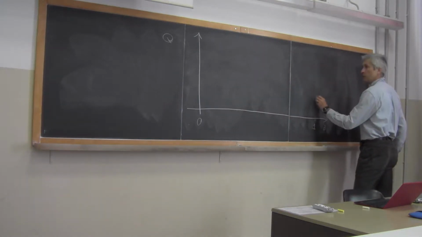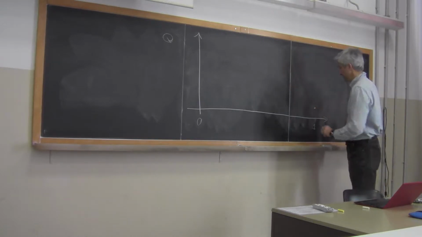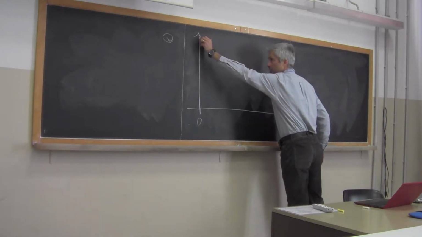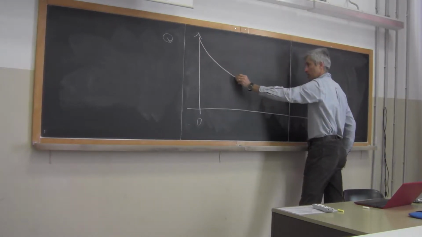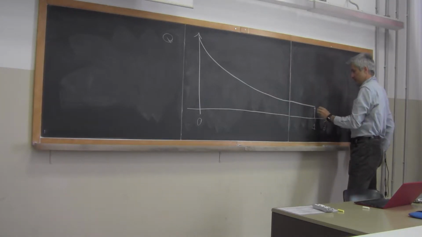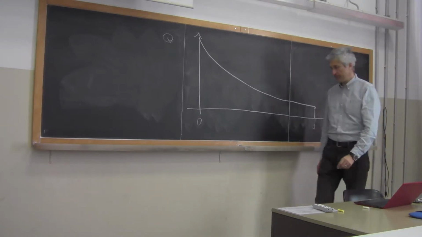And let's suppose that we have a curve that is like this, from here to something here. Okay, this is my flow duration curve.